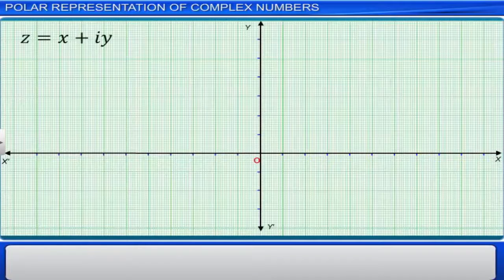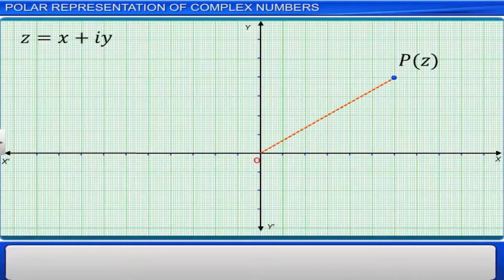We know that complex number z equal to x plus iy can be uniquely located in an xy plane by locating the ordered pair (x, y). Let's draw a line joining point P and the origin. Let the length of the directed line OP be r, which is equal to the modulus of the complex number z.